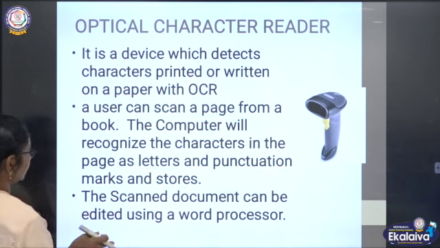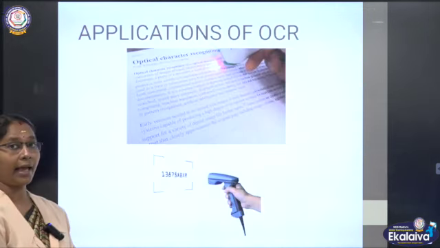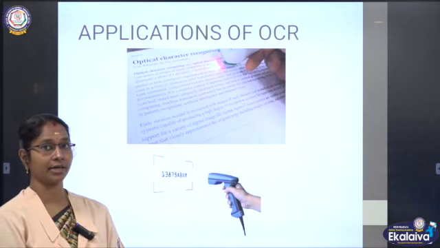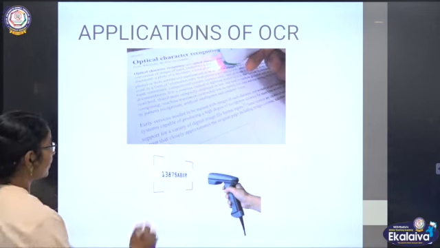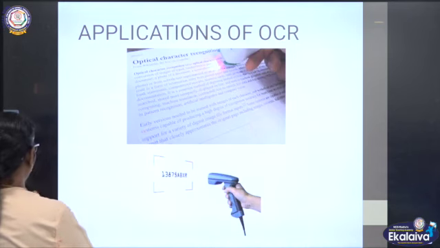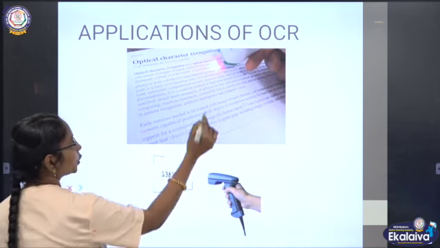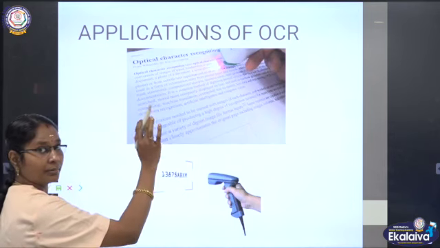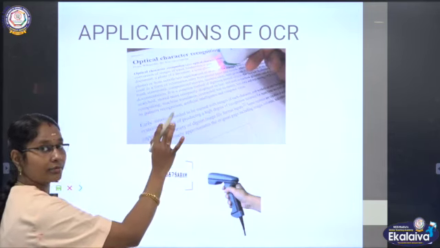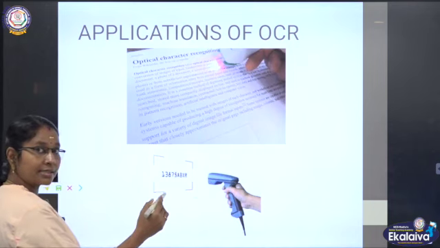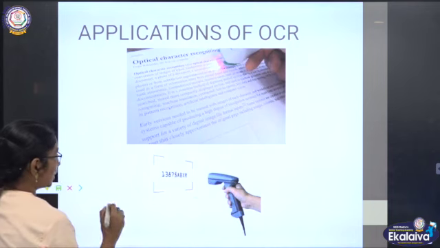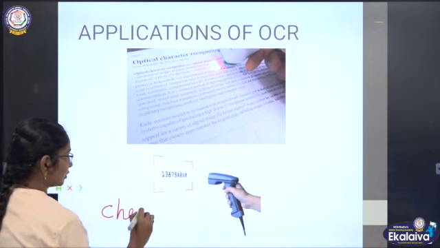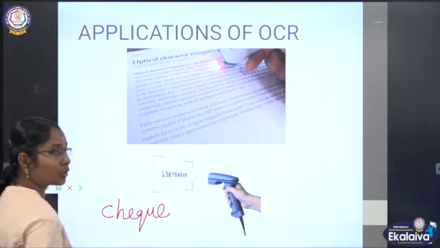These are the applications of OCR. As I said, we use the OCR device to scan a page from a book. You can also scan the code number which is present on checks. In a bank we have a checkbook, right?